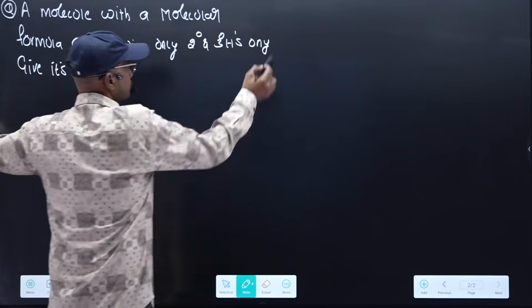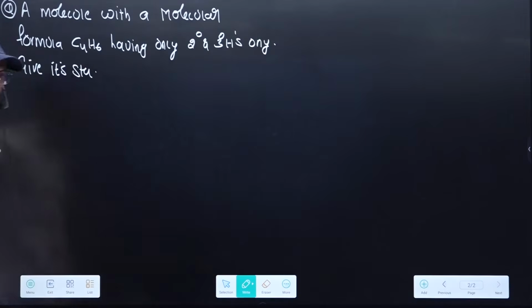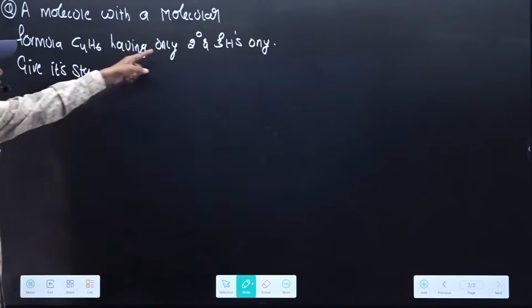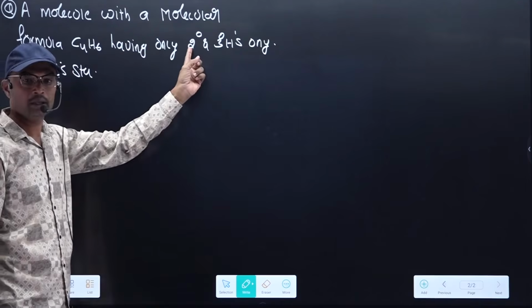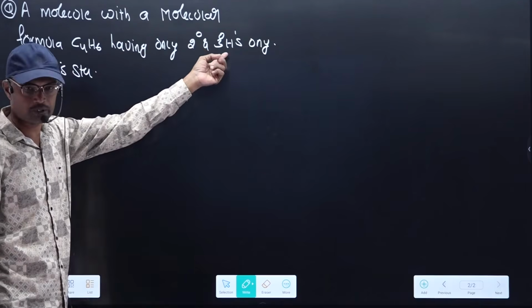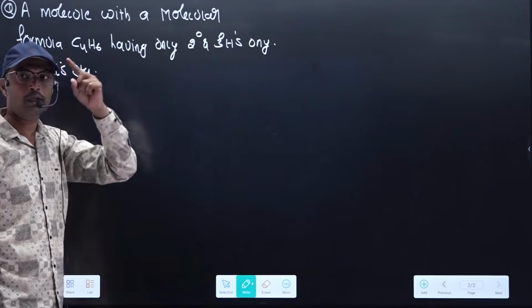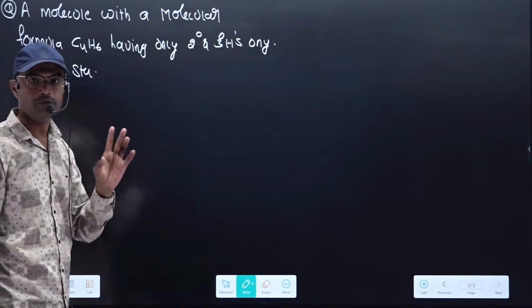Give its structure. Molecular formula is C4H6, okay? Formula given, molecular formula. In that, what I am saying, they carry only secondary and tertiary hydrogens. They should not carry primary hydrogens. Give the structure.